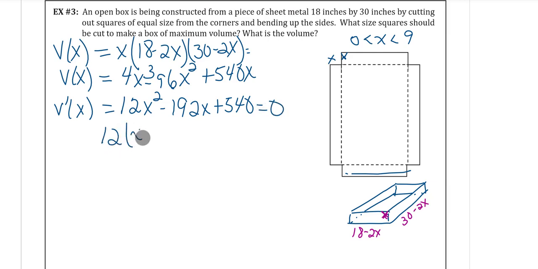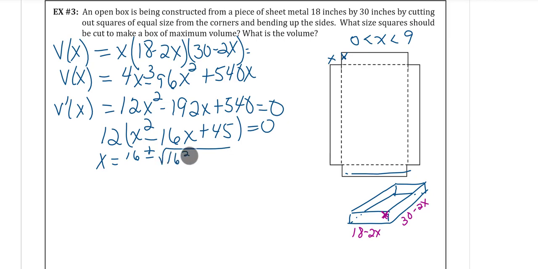So I factored out the 12, and I had x squared minus 16x plus 45 equals 0. And of course that does not factor, but you can solve it by completing the square or using the quadratic formula. And I did this, and I got 16 plus or minus the square root of 76 over 2.